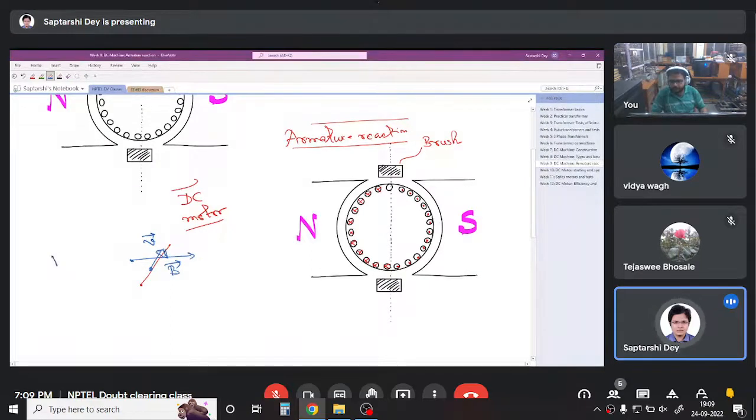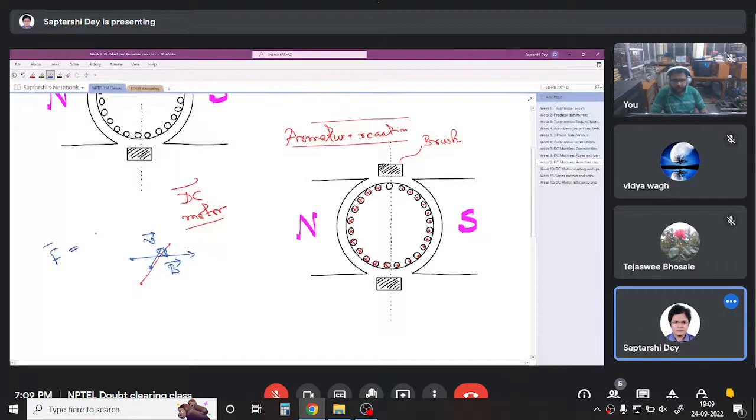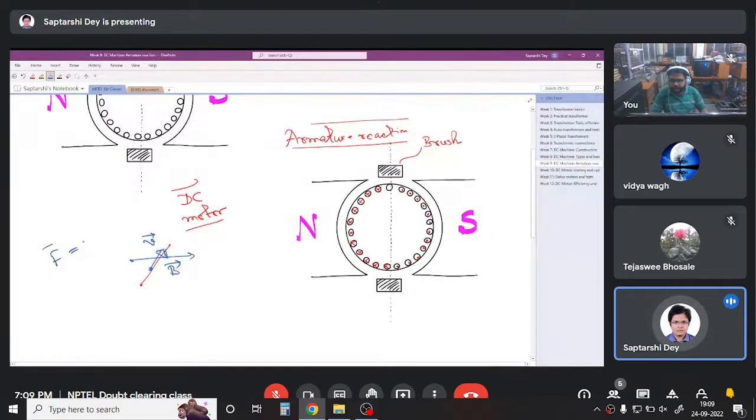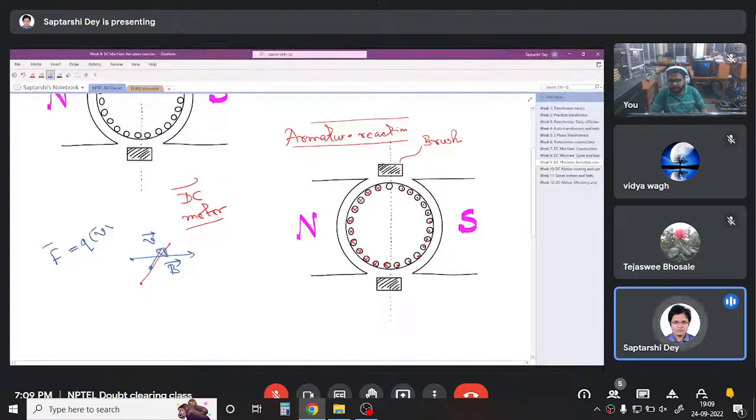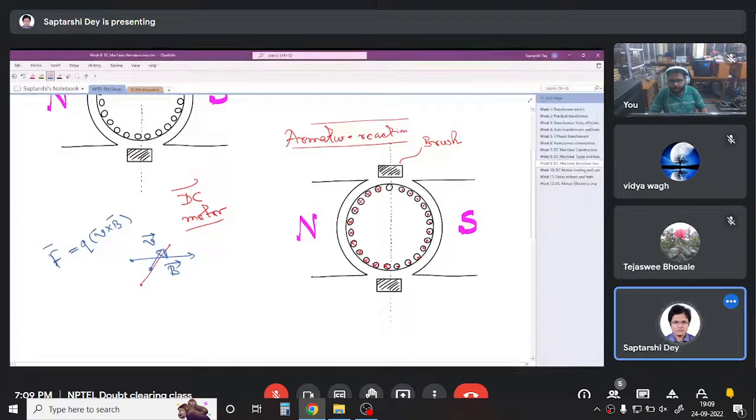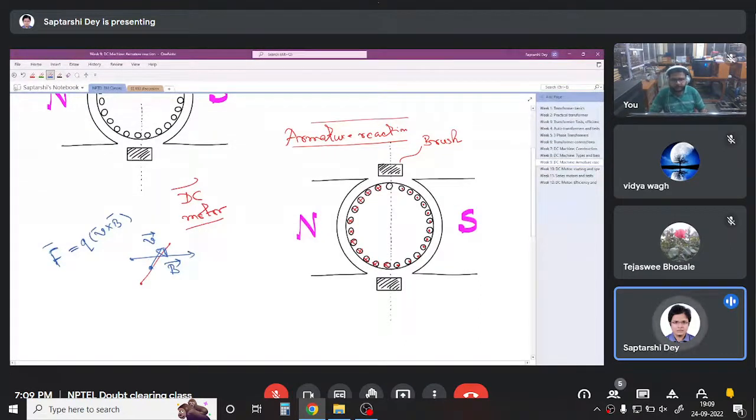Now we know that force on a charged particle moving inside a magnetic field is Q into V cross B, right? So to know the direction of the force on the moving particle because of this field, we have to apply the right hand thumb rule. So V is away from us and B is from north to south.